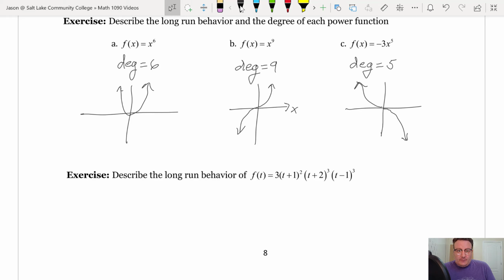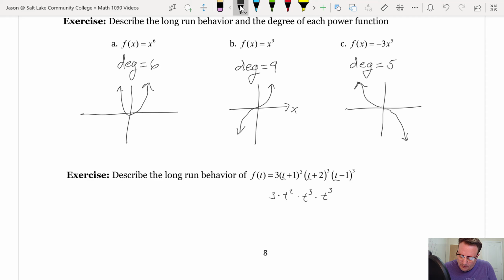But there's a shortcut for getting the leading term of the polynomial, and that is just to take the leading terms in each of these factors and do the operation to it. So here we're squaring, so we have a factor of 3 out front. From this factor of the polynomial, we're going to get a t squared. And then from this factor, we're going to get a t cubed. And then from this factor, we're going to get a t cubed.